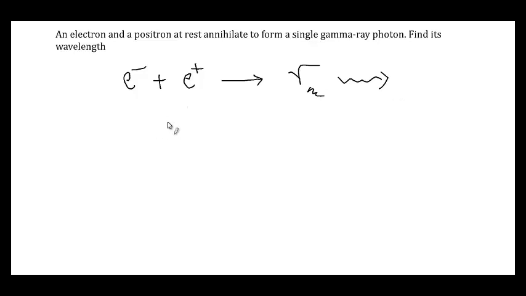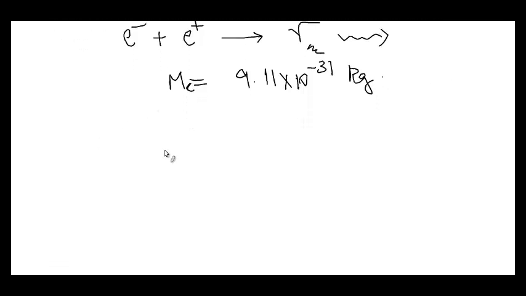What is known to you is only the mass of the electron or the positron, which is the same, only their charges differ. That is 9.11 into 10 power minus 31 kilogram. Other than that, there is nothing known to you, and you need to know nothing actually.